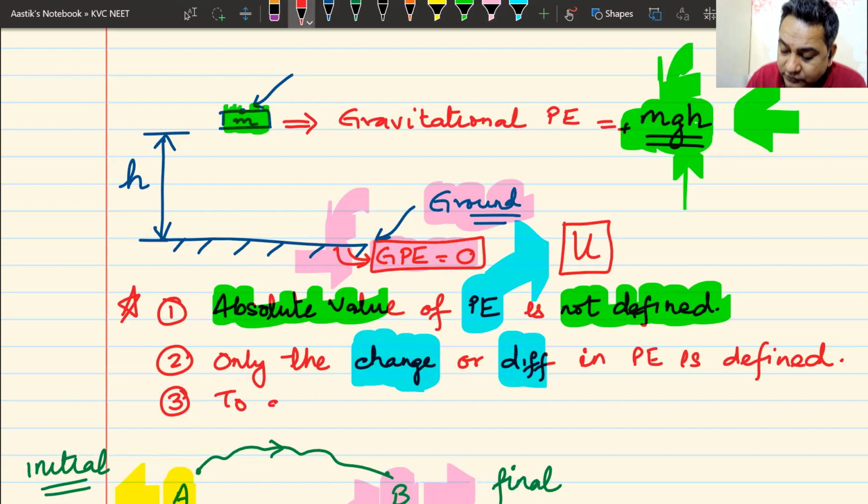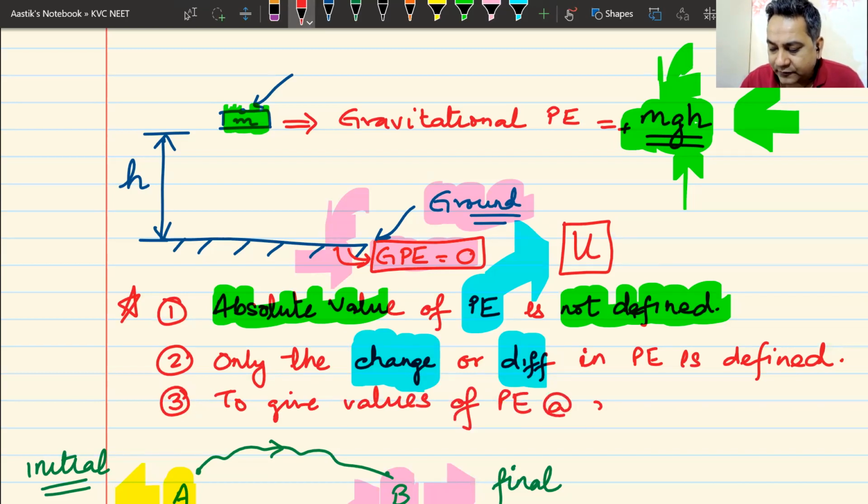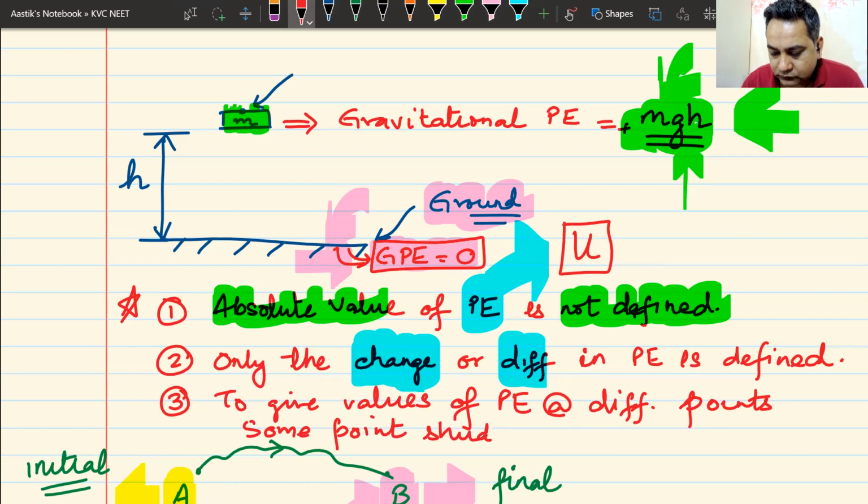To give values of potential energy at different points, if I want to give the values at different points, some point should be taken as zero. It may be zero, it may not be zero, but some point must be taken as zero.